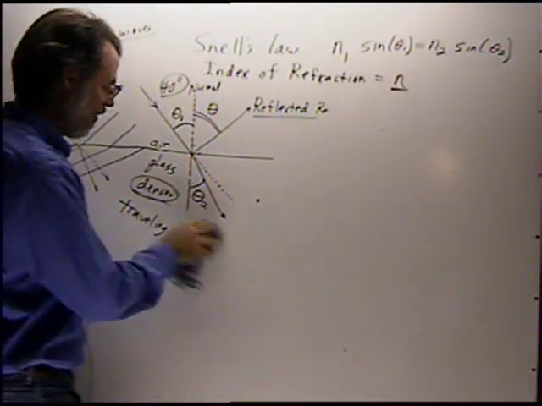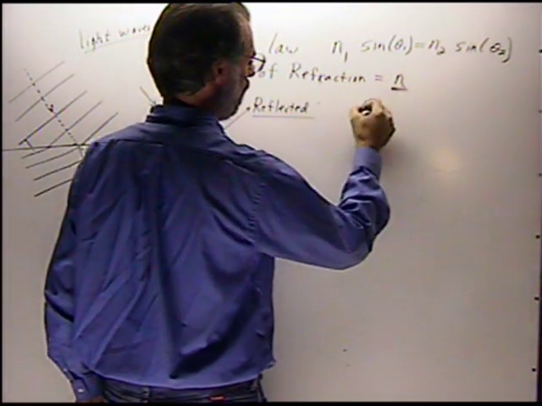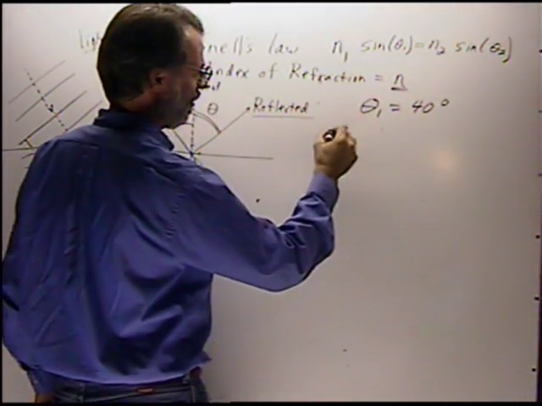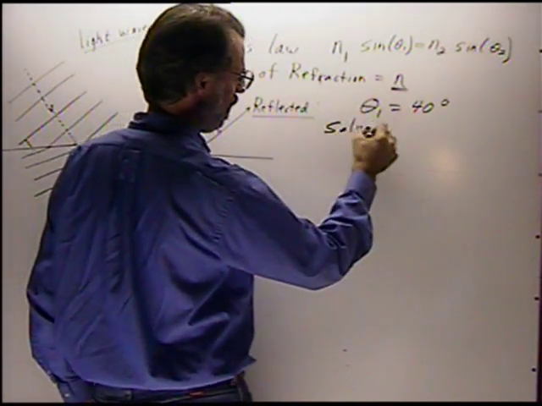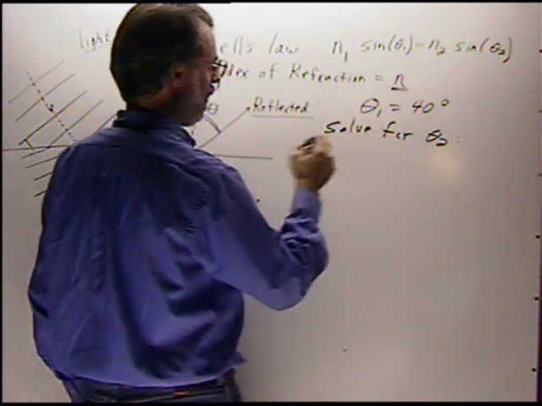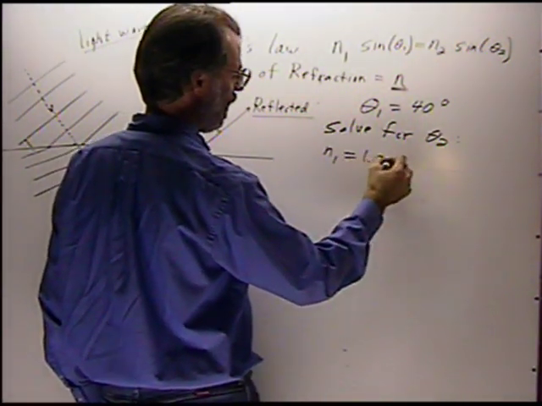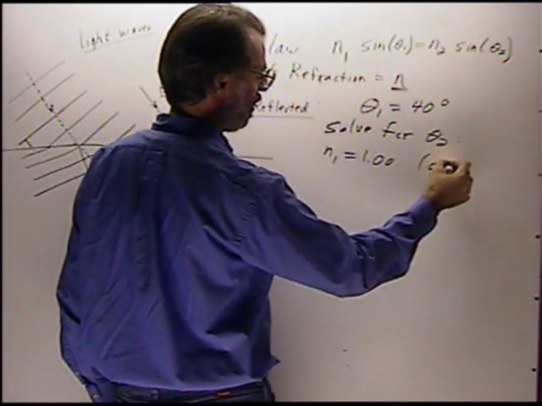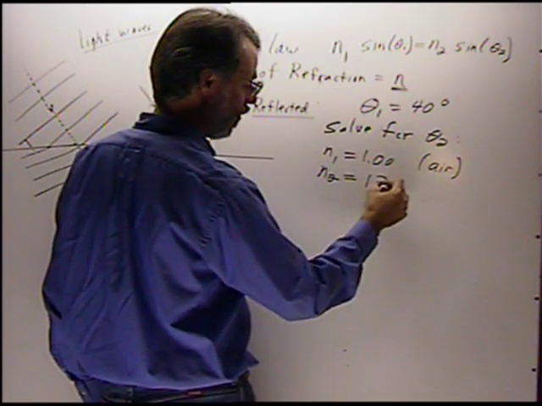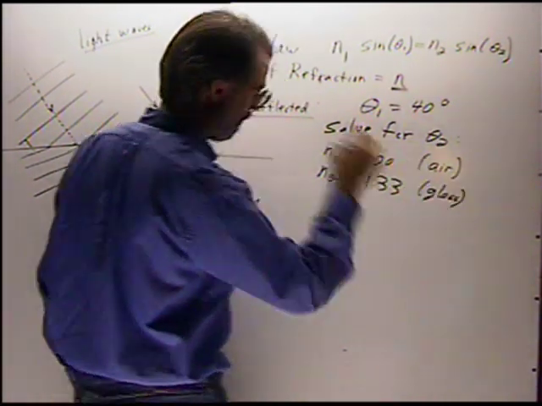Let's do an example. Suppose that theta 1 is 40 degrees. Let's solve for theta 2. N1 is 1, the index of refraction for air. For N2, let's use typical common glass, 1.33.